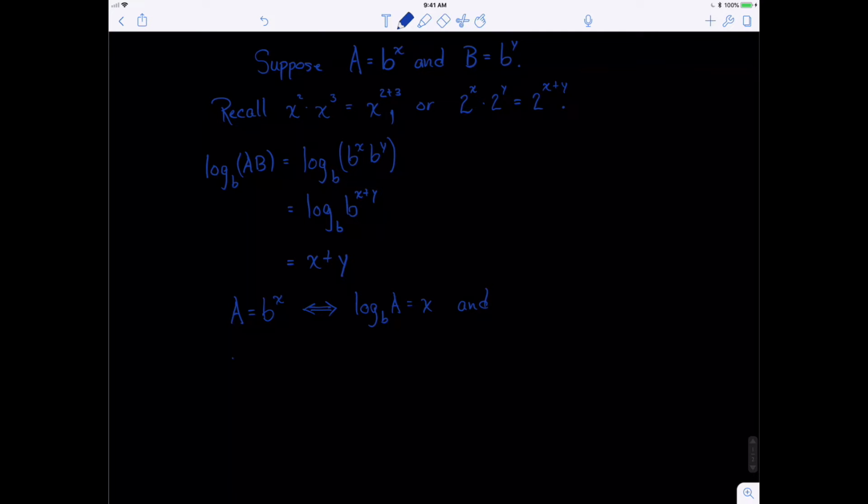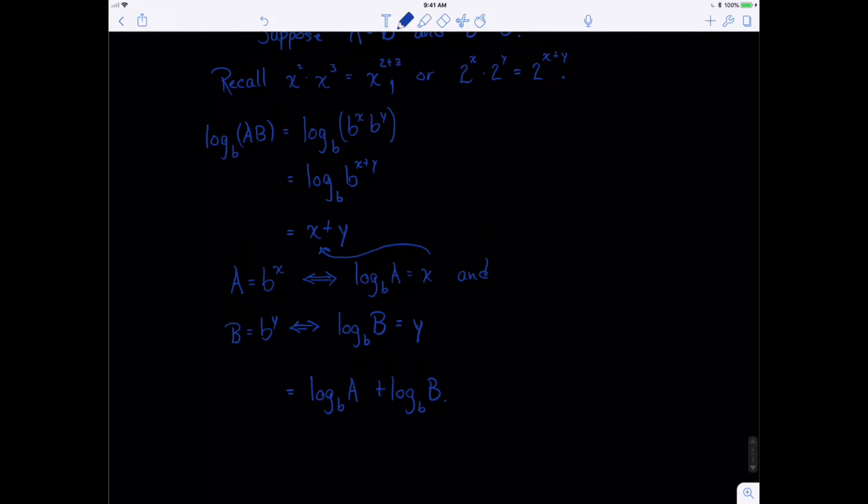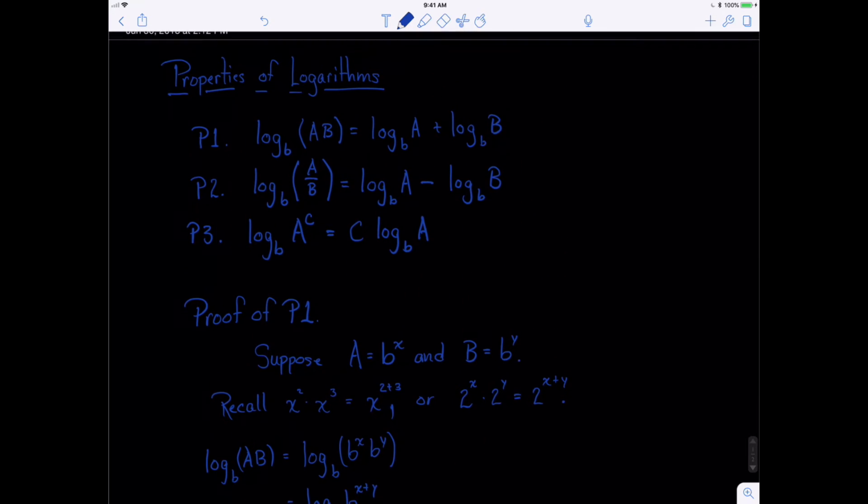We know that if capital B is b to the y, then we can write this as log base b of B is equal to y. So now we can just substitute these values back in to what we found. So this is equal to the log base b of A plus log base b of B. And if we look up above, that's exactly what we wanted.